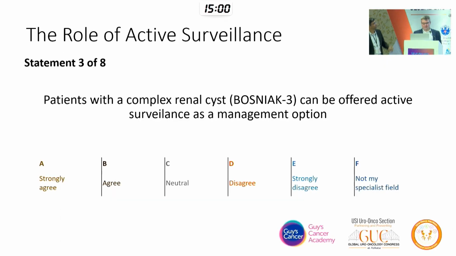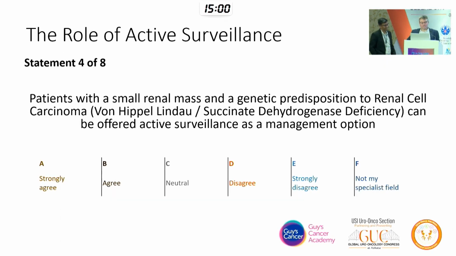Next question, please. Patients with a small renal mass and a genetic predisposition to renal cell carcinoma, for example, VHL, succinate dehydrogenase deficiency, can be offered active surveillance as a management option.